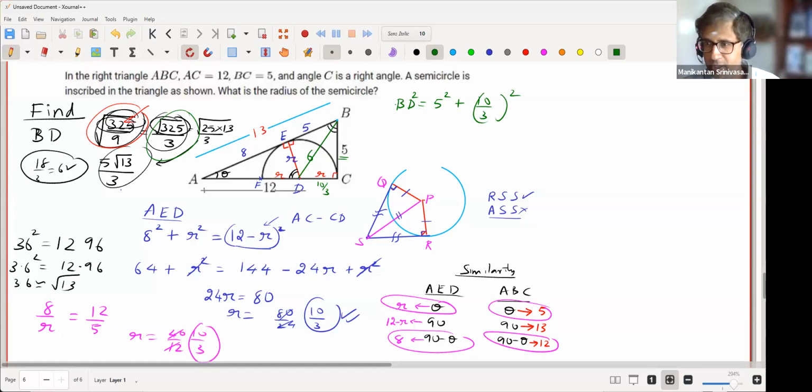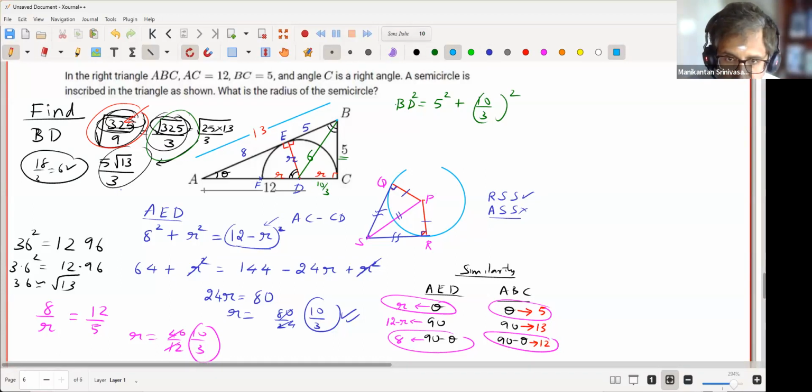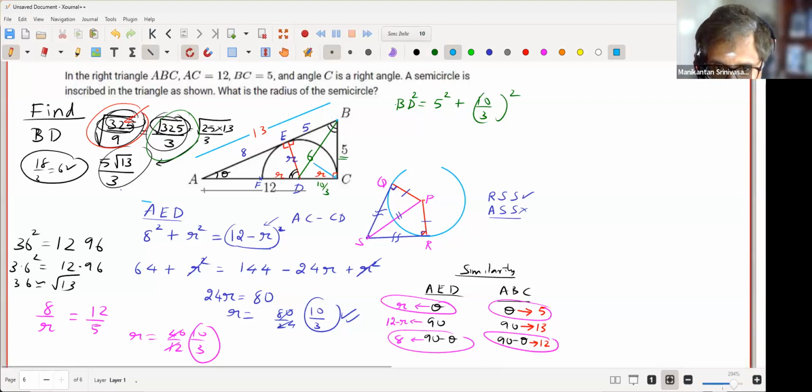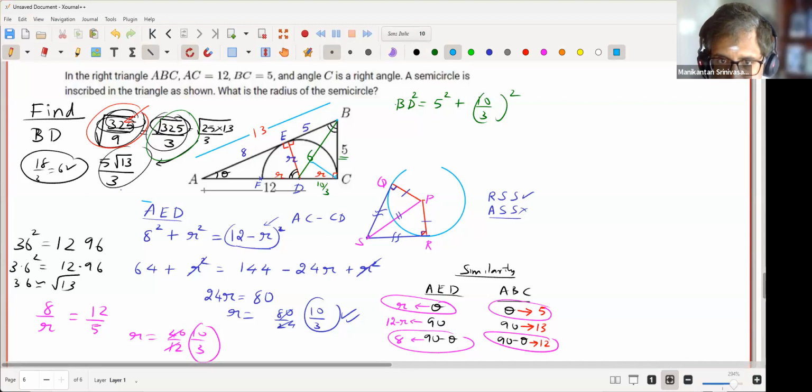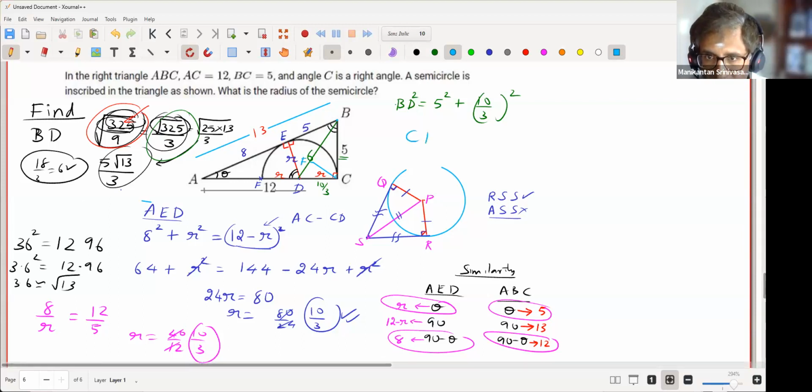One more last question. What is the length of the perpendicular from C to BD? So this perpendicular, when you draw from here to this. Let's call this point F. Find CF for me.